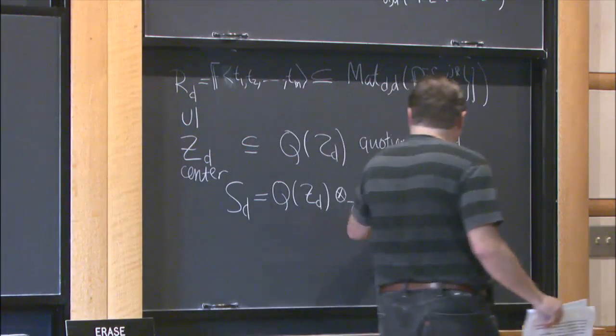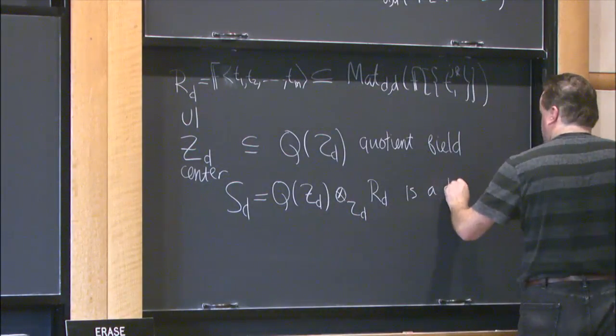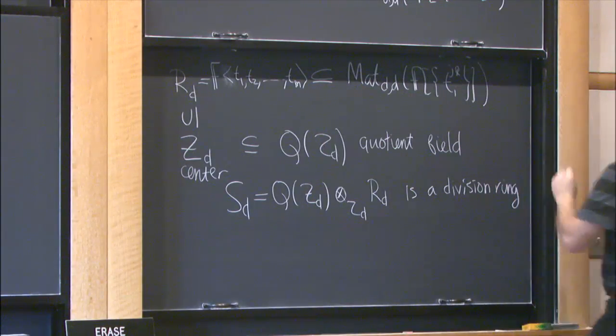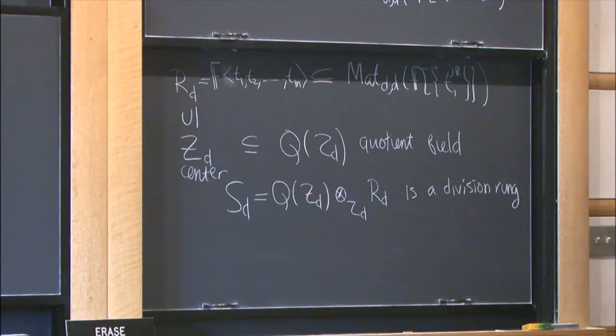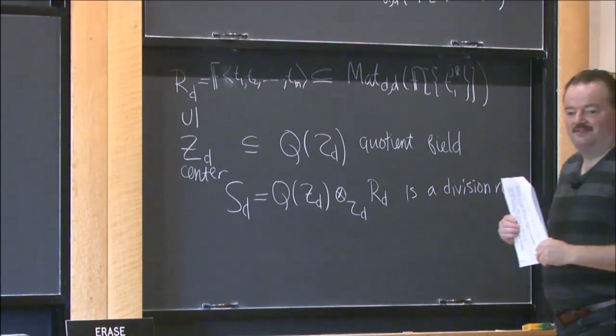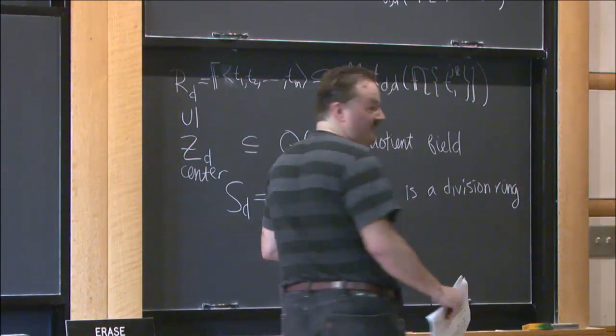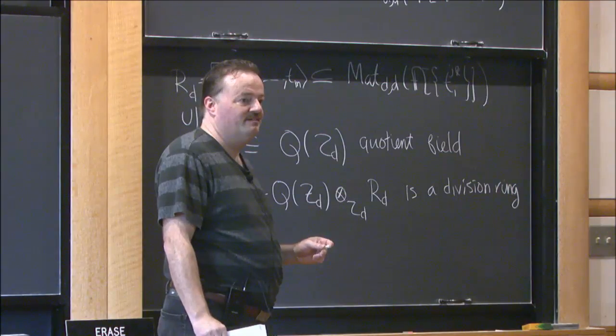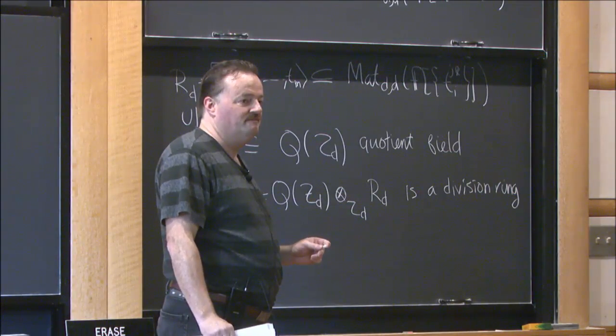And this is a division ring, or a skew field. Anybody who doesn't know any of the terminology should ask. Can you remind me what a quotient field and division ring are?